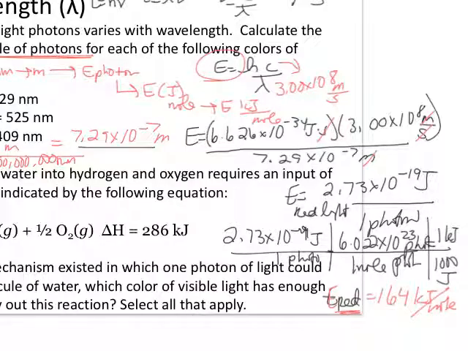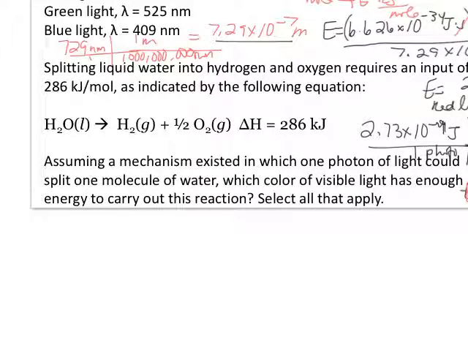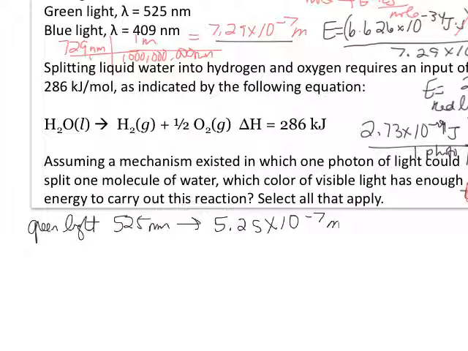Now, you need to do the same with green light and blue light. So green light, go ahead and convert 525 nanometers to meters. And I showed you how to do that, so we're just going to put this at 5.25 times 10 to the negative 7 meters. And then we're going to put this in our equation.